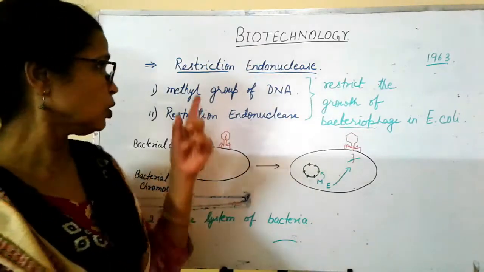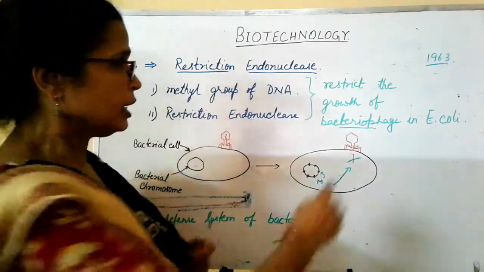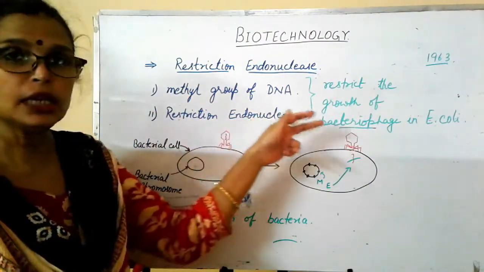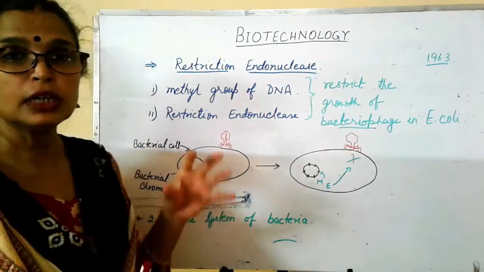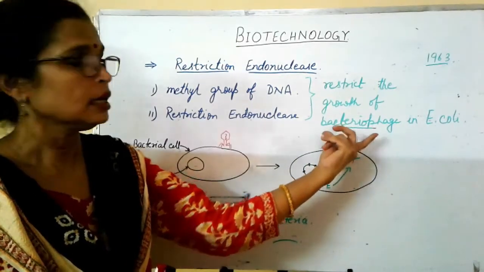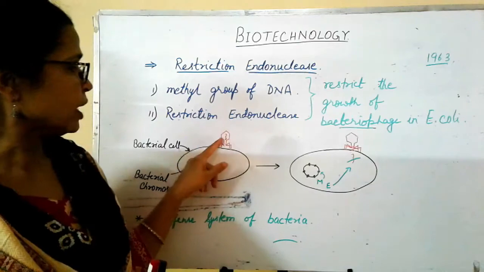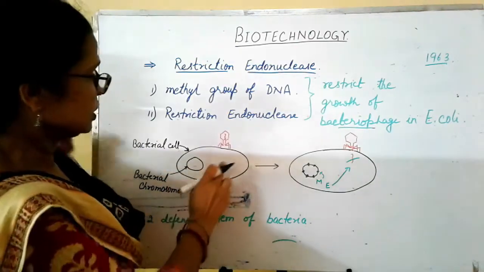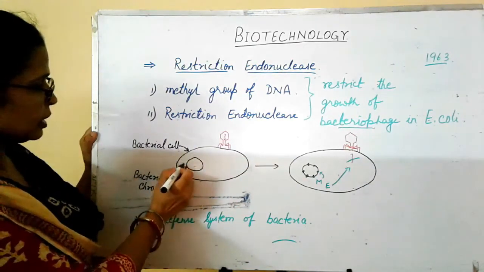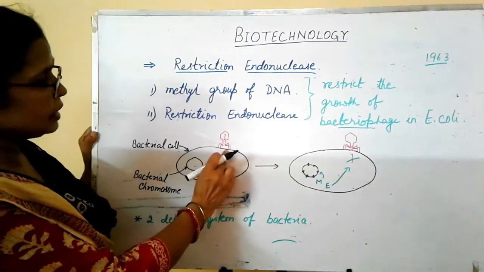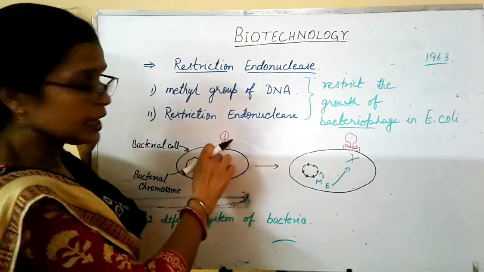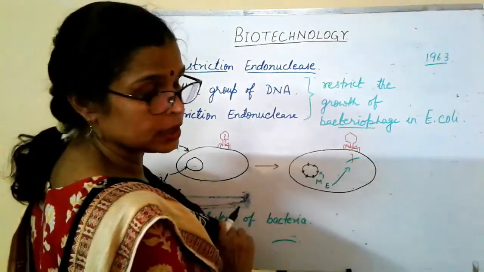Some more information about restriction endonuclease. In 1963, two enzymes were isolated from E. coli that are responsible for restricting the growth of bacteriophage in E. coli. Bacteriophages are viruses that infect bacteria. When a bacteriophage infects bacteria, this is the E. coli bacteria and this is the bacterial chromosome, and the bacteriophage has a linear genome, so it injects its genome into the bacteria.